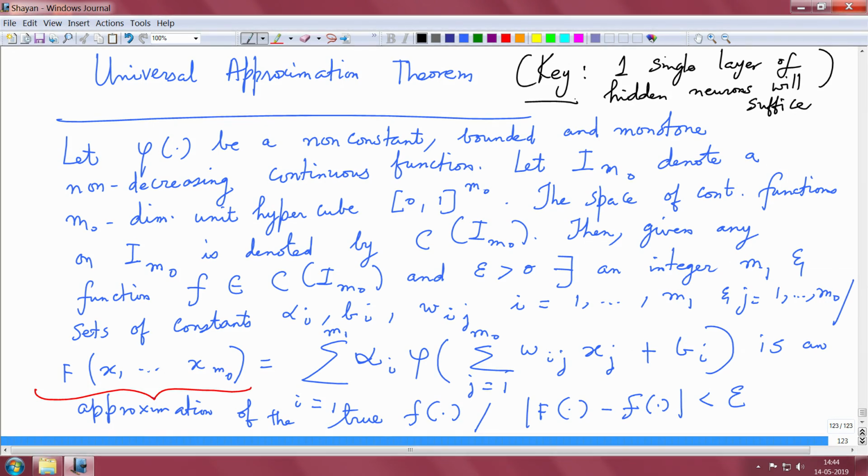So, we do not have to have multiple layers, but we can have one single layer of neurons, and this will suffice to learn this IO mapping, and that is the key idea behind the universal approximation theorem.